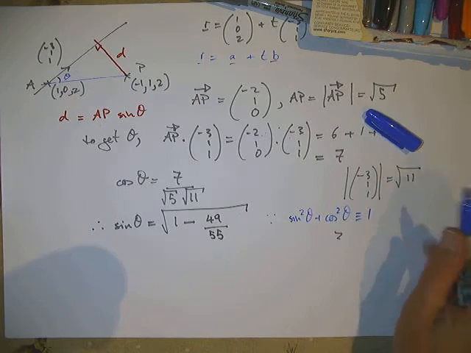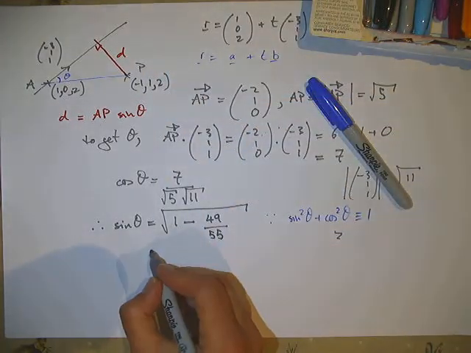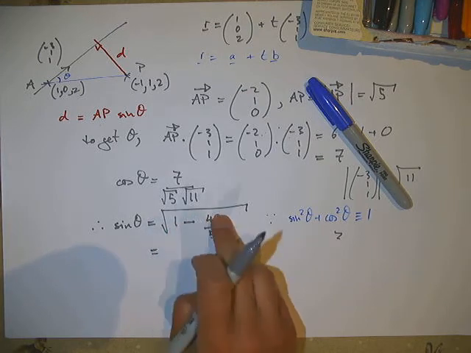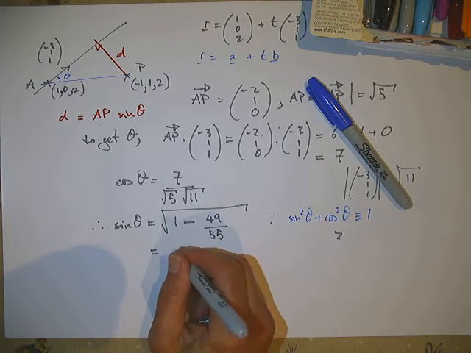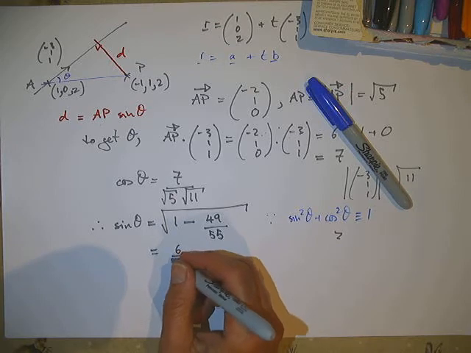Okay, a little bit of knowledge goes a long way here. So that is 55 take 49 is 6 over 55. Root 6 over 55.